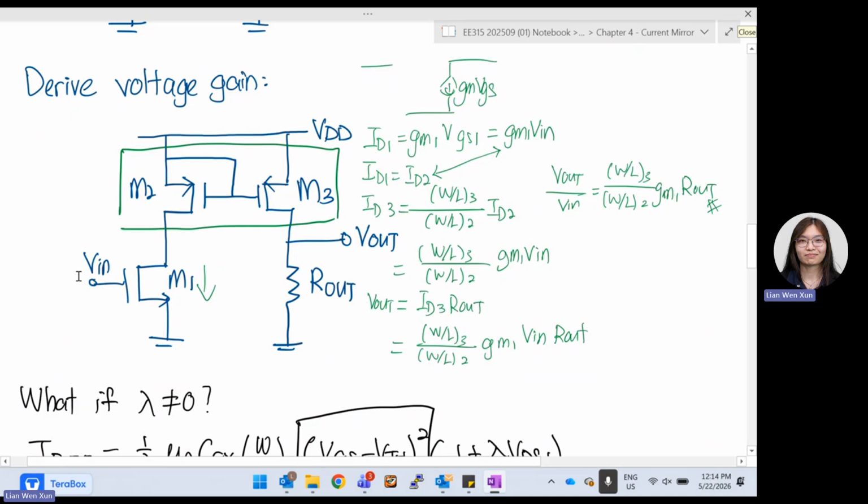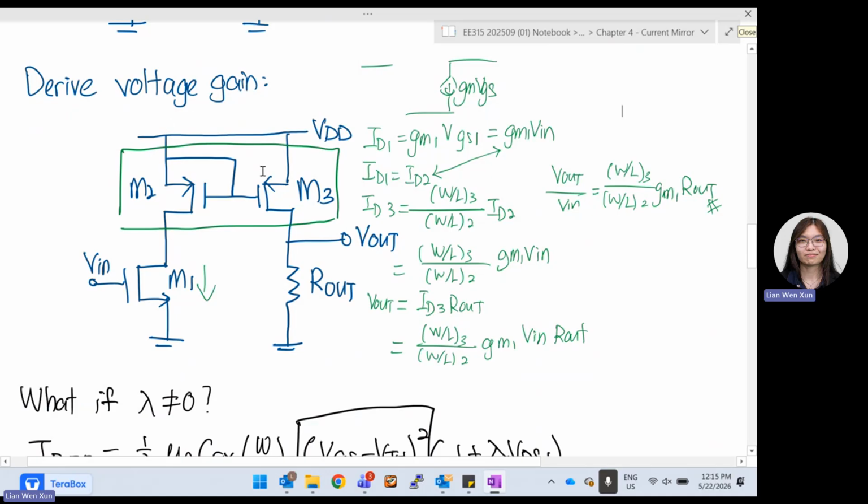We focus on M1 first. When we draw the small signal model, it gives us gm Vgs current. So ID1 is equal to gm1 Vgs1, which is also gm1 Vin. And ID1 and ID2 are the same current.